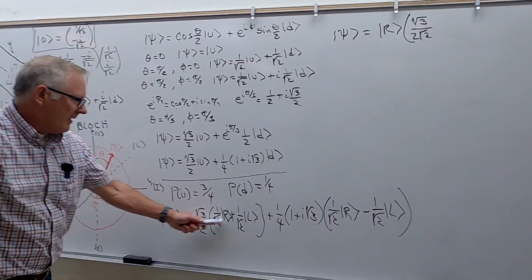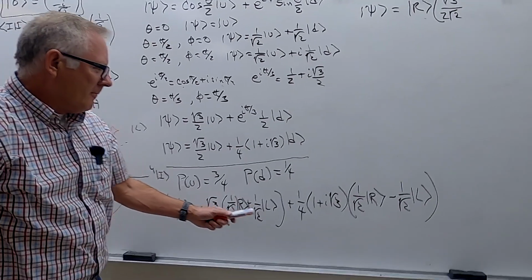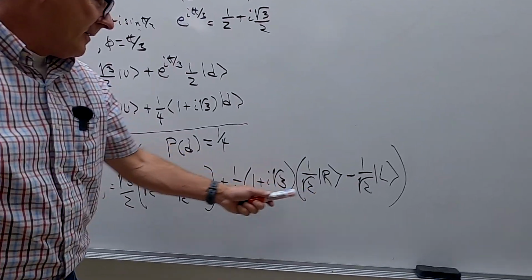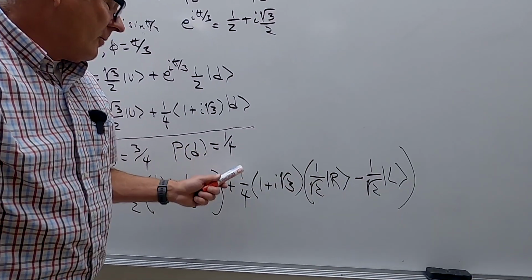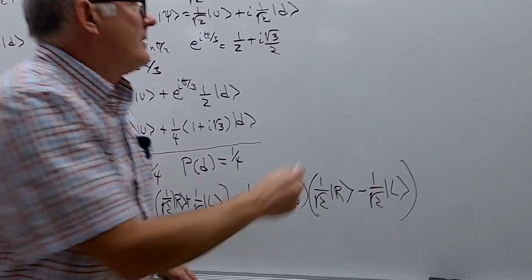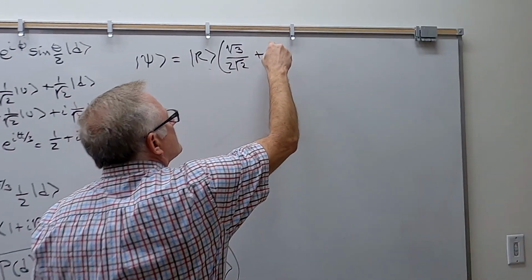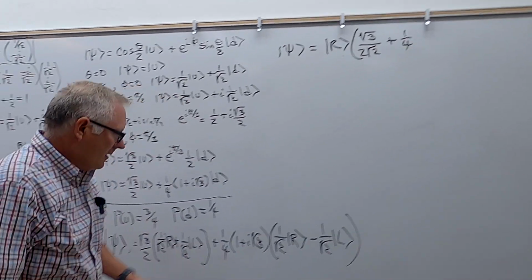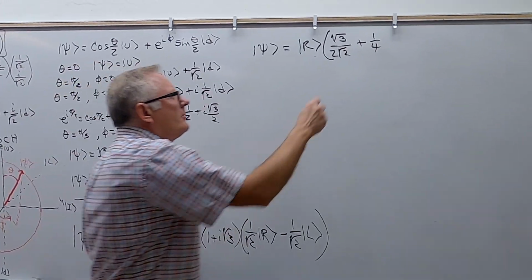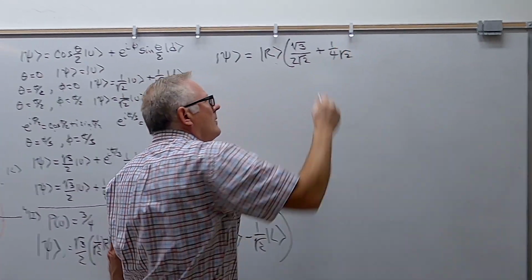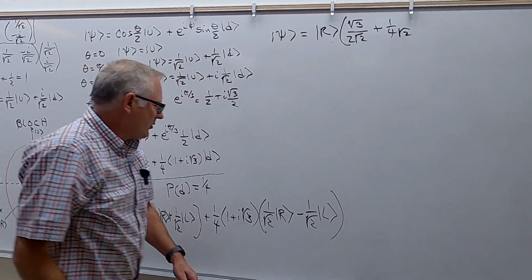That takes care of this term, plus I've got all of this, plus 1/4 times 1 over the square root of 2 times 1 plus i square root of 3.